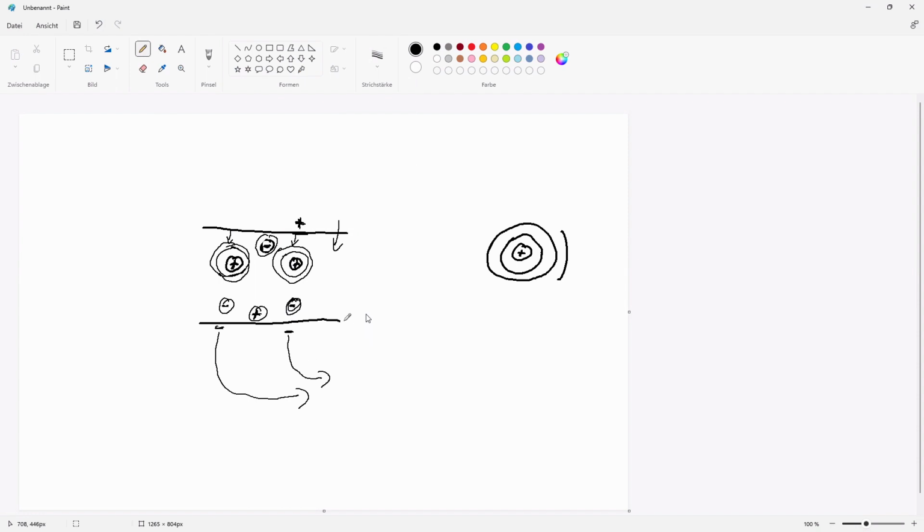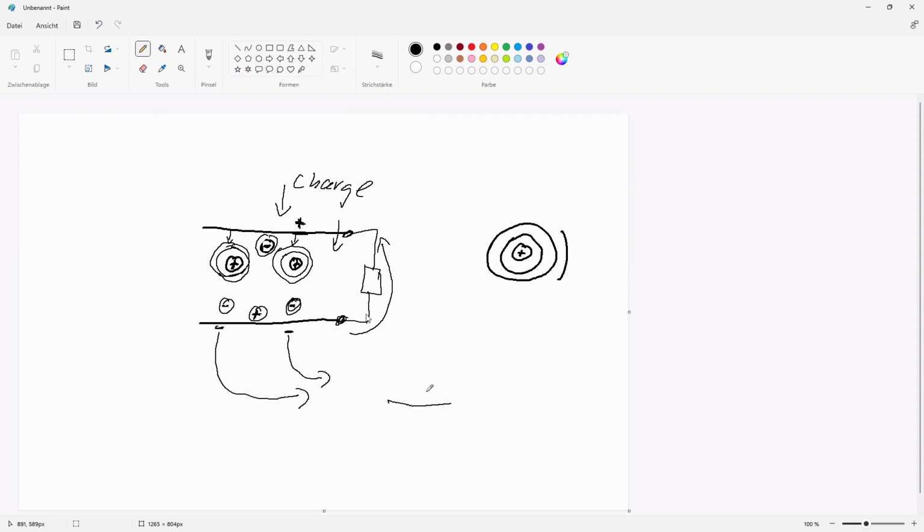And when you now connect a resistance and you set the pressure on, then the electrons are going to this side as long as the pressure is there, until both sides are again neutral.